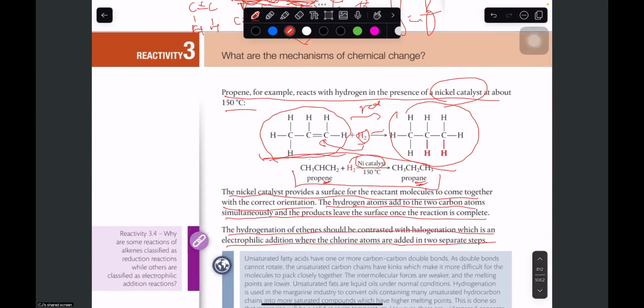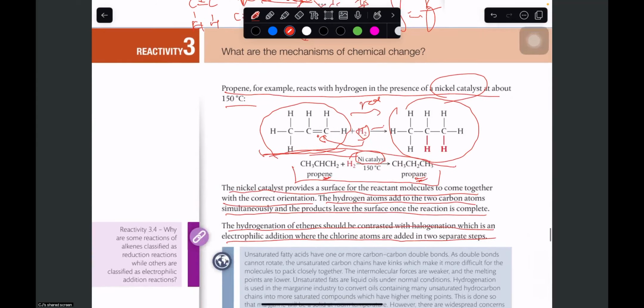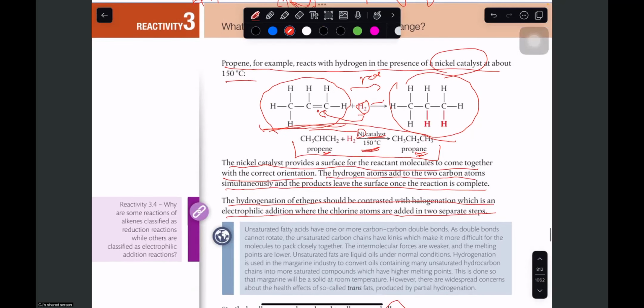So the Lewis structure is like this, the double bonds will get the hydrogen. And we see the reaction, there's Ni as a catalyst, and the temperature is about 150 centigrade.